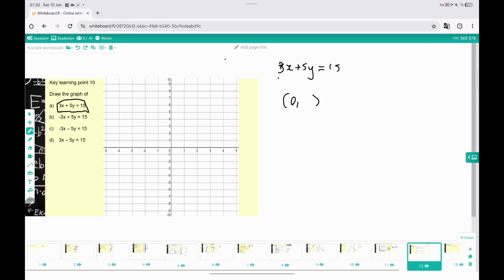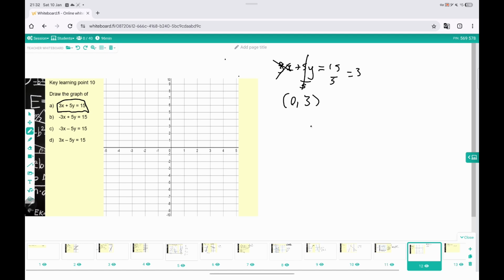Well, if x is 0, then 3 times x is nothing. So when x is 0, we can figure out what y's got to be by solving it as a basic equation. So if x is 0, and we've got 5y equals 15, then when x is 0, y has to equal 3 to make that work.